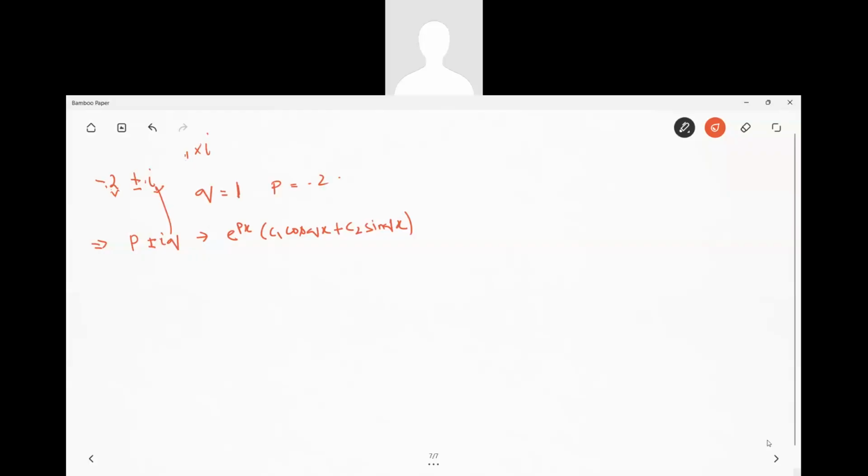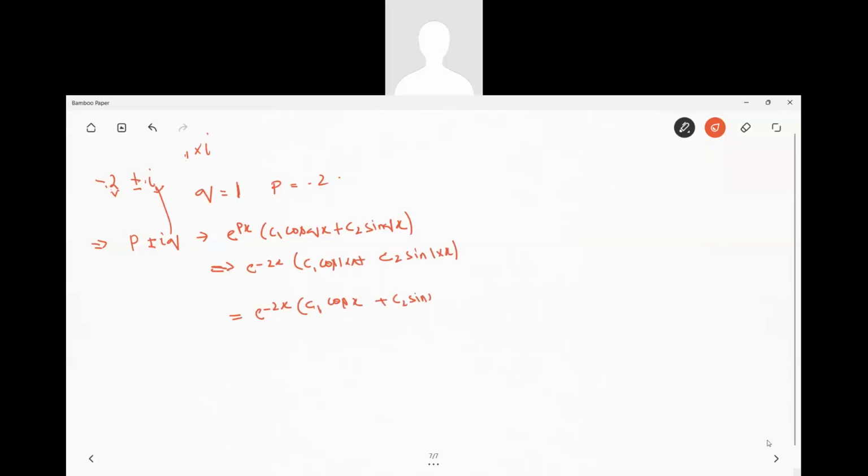So that would be equal to e power minus 2x, then c1 cos of 1 into x plus c2 sin of 1 into x. So what did you get? You got e power minus 2x, c1 cos x plus c2 sin x, right?